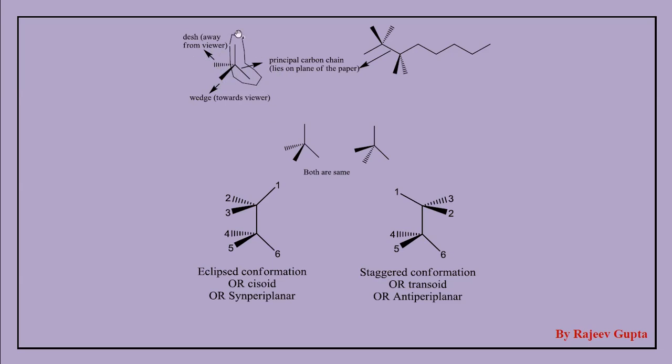Okay, it is clear. Now we see a larger carbon chain, a 7-carbon chain, 1 2 3 4 5 6 7, where this longest carbon chain has been put in the plane of the paper, and substituents present on these carbon atoms are shown as wedge and dash.